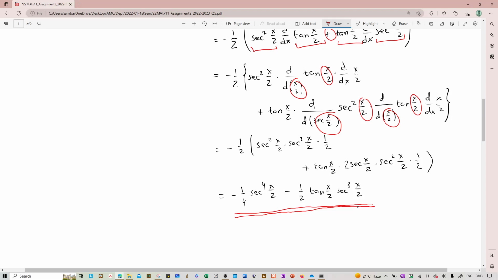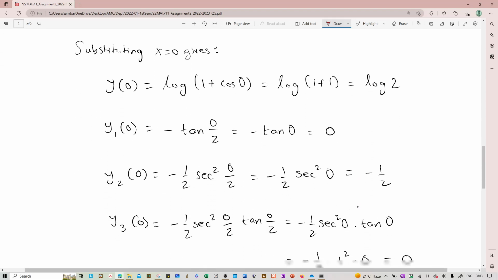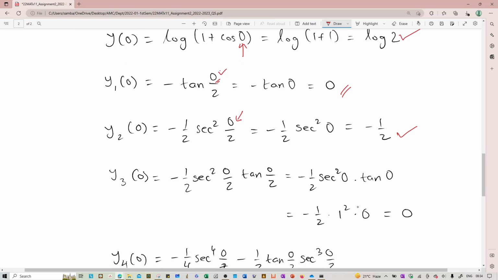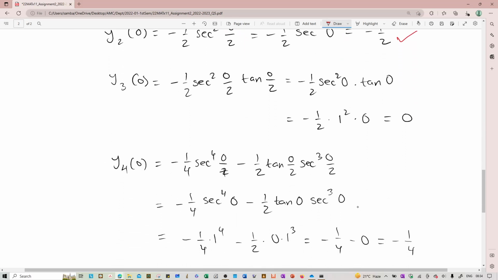Okay, now having done that, we have to find out what y0, y1, y2, y3, and y4 are, right? So y0 is log of 1 plus cos 0, in place of x we put 0, which is equal to log 2. Negative tan x by 2 is the expression of y1, and then we put x equal to 0 over here, and we get 0, right? y2 is minus half sec squared x by 2, but here we put x equal to 0, and then we get minus half. Similarly, y3 is minus half sec squared x by 2 tan x by 2.